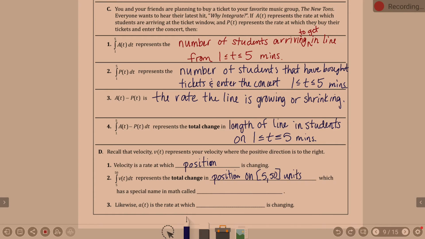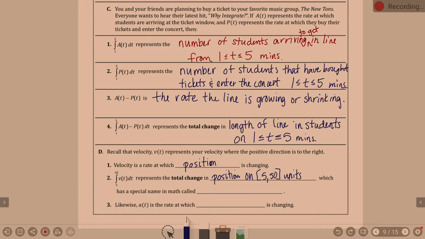Okay, so the integral of velocity is going to be a total change in position on the interval 5 to 50, which has a special name in math called, I'm trying to think, would you have heard this in physics?